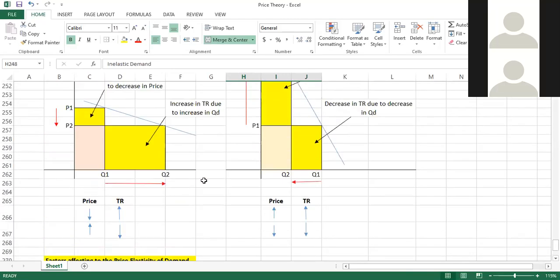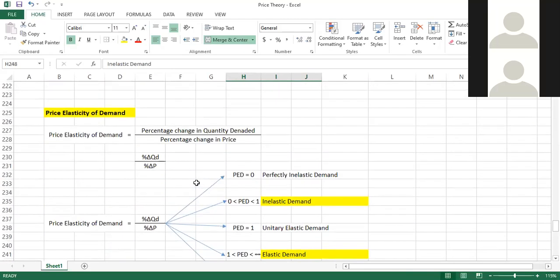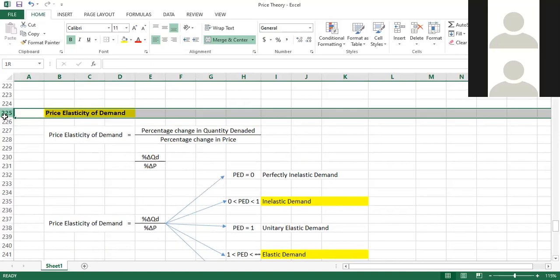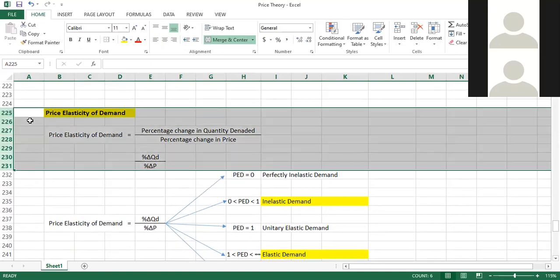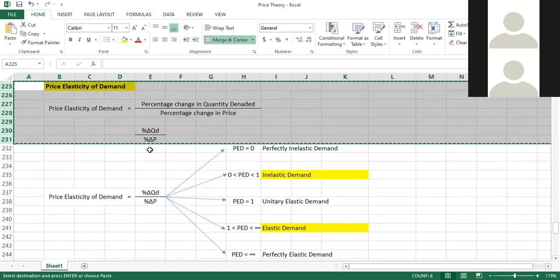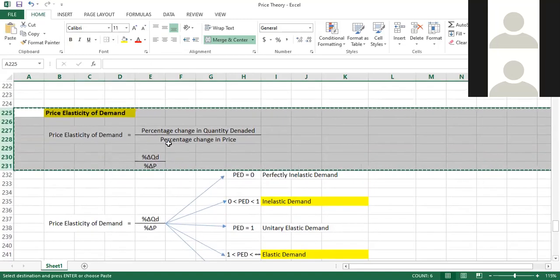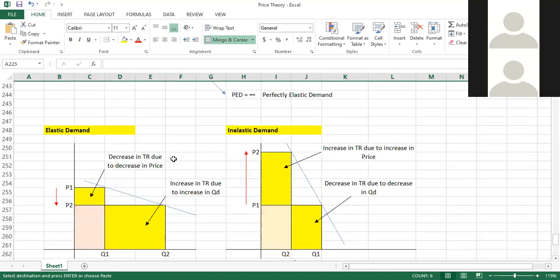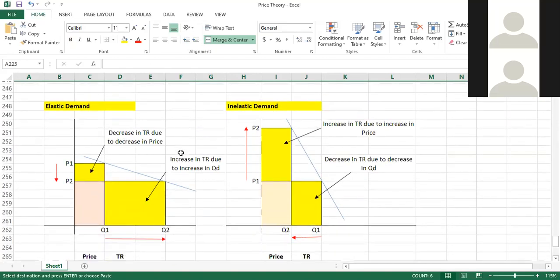Okay, so once we identify the key factors related to the price elasticity of demand, the other elasticity conditions are very easy to analyze, right? So when you know the meaning of price elasticity of demand, for the other elasticity conditions there are not so many factors to analyze like this.